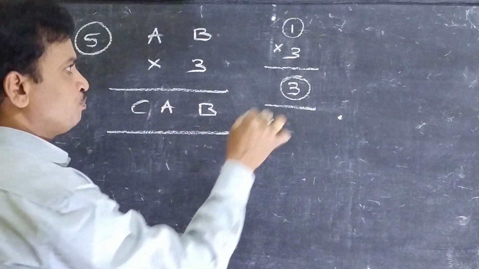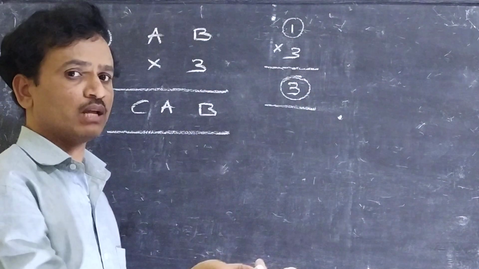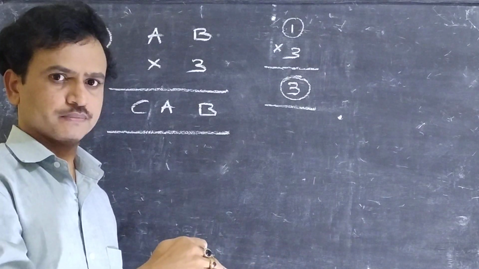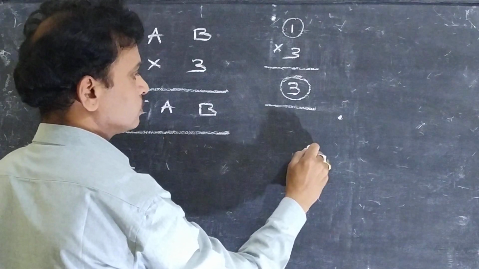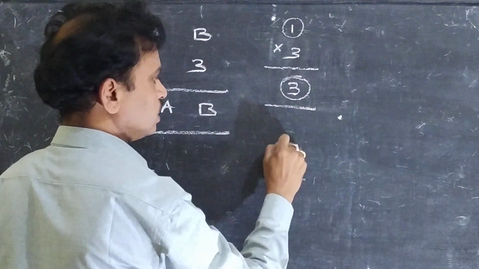So what should we do? If you take any number, it will change. But we can take B is equal to 0.